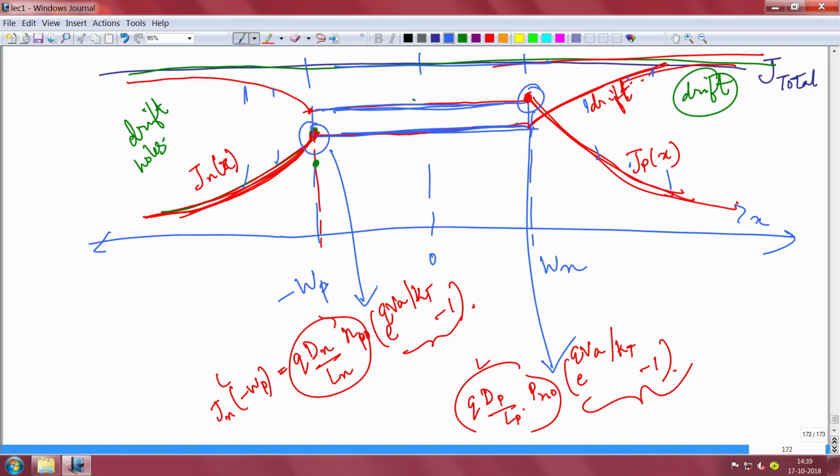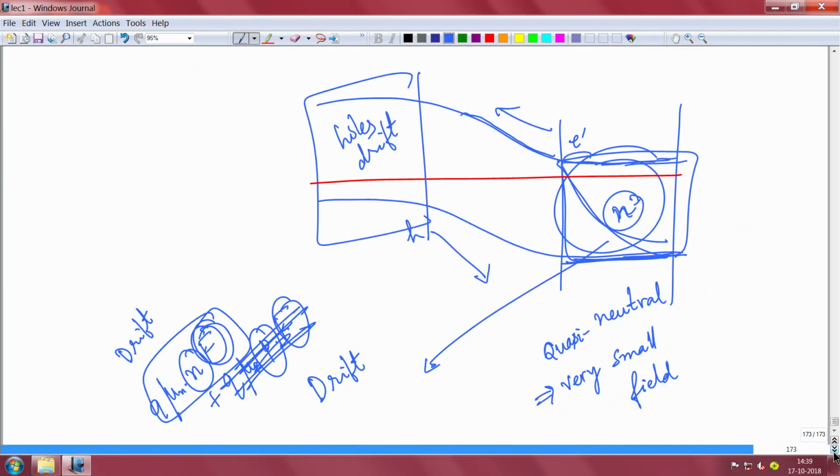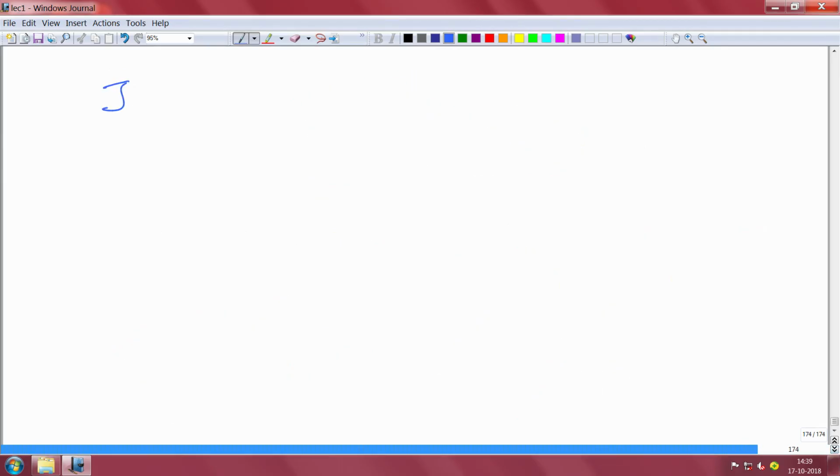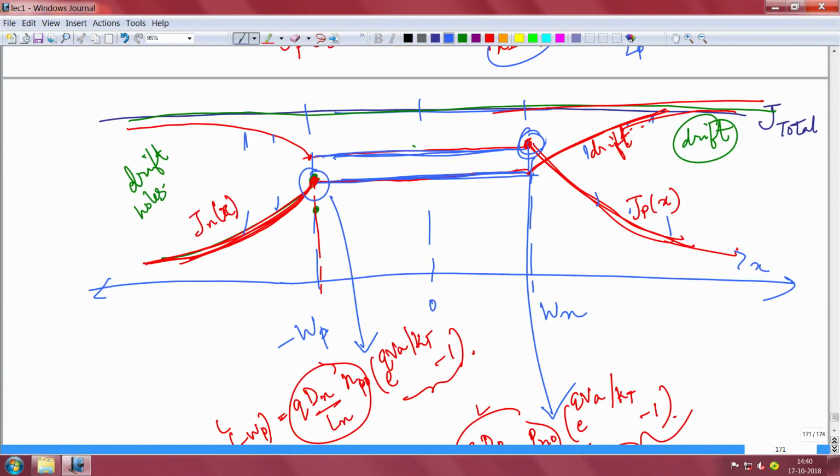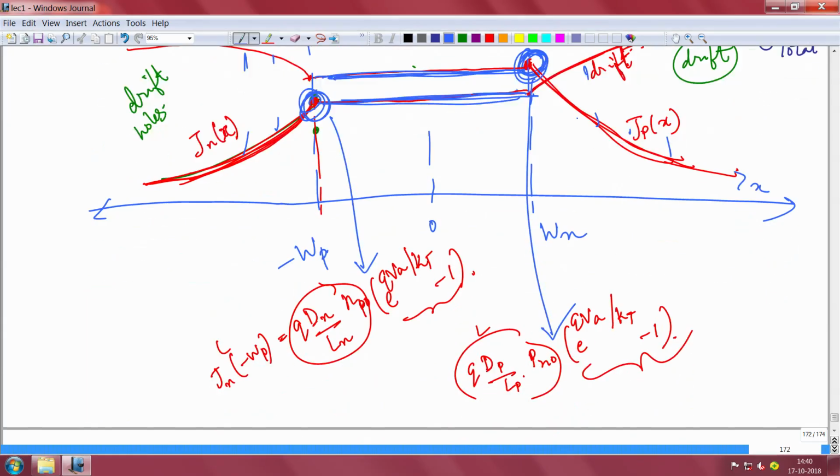So, can I say that the total current J total is nothing but the current here plus the current here, which means this current plus this current is the total current. So, what is this current? This is this.